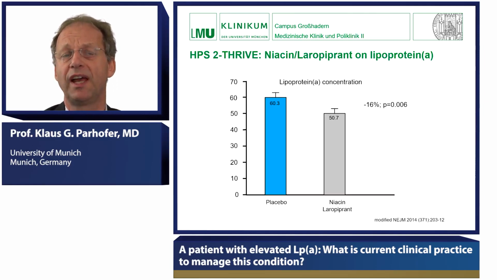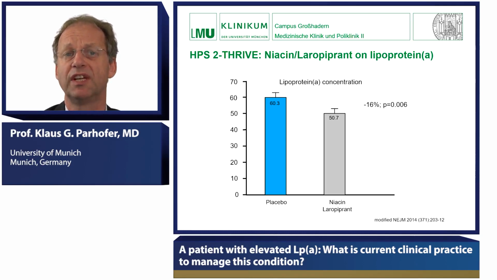Similarly, if you look at niacin, and these are data from the HPS2-THRIVE trial, a large trial where niacin was used in combination with laropiprant in order to decrease triglycerides, increase HDL cholesterol, and also decrease lipoprotein(a).